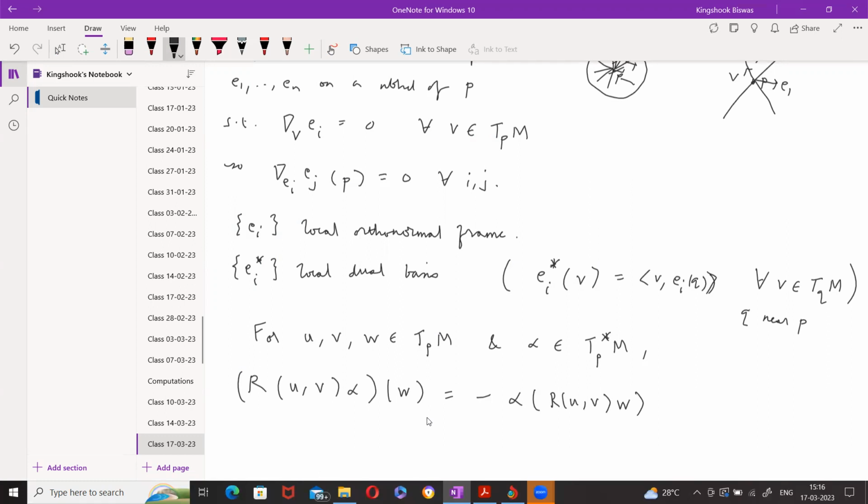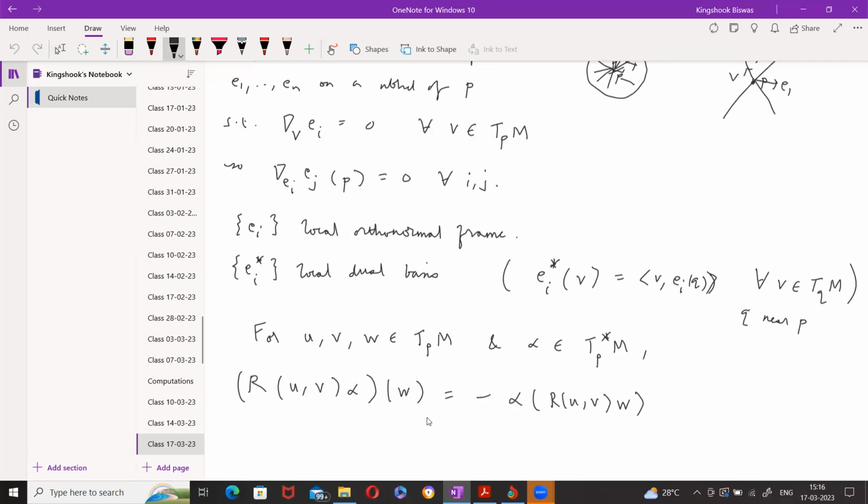So be careful. This R here is the curvature of the cotangent bundle. This R here is the curvature of the tangent bundle. These are two different curvatures of two different bundles, related by this formula. If you remember, we proved this formula for the curvature of the dual bundle.